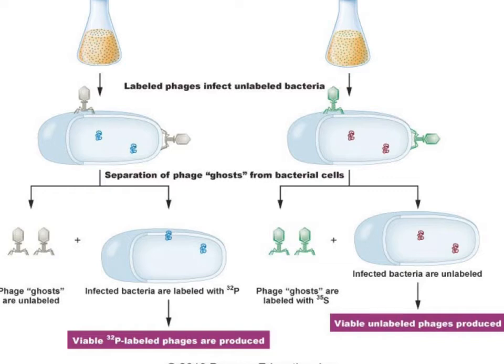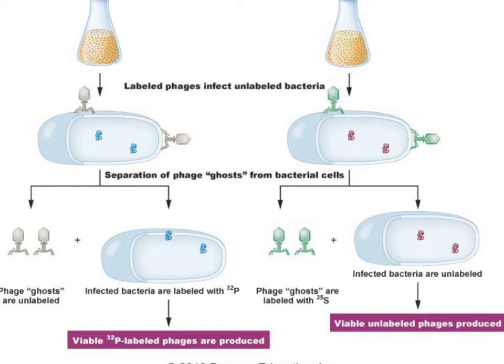Okay, so what they found is that in the portion of the experiment on the right, the phage that had radioactively labeled phosphorus, P32, they injected their radioactively labeled DNA into the cell, and the phage ghosts on the outside did not retain any radioactive signature.